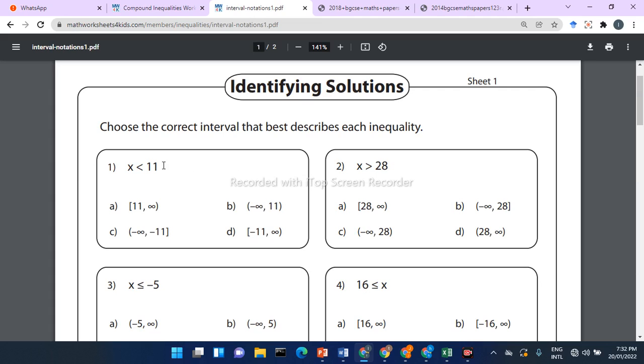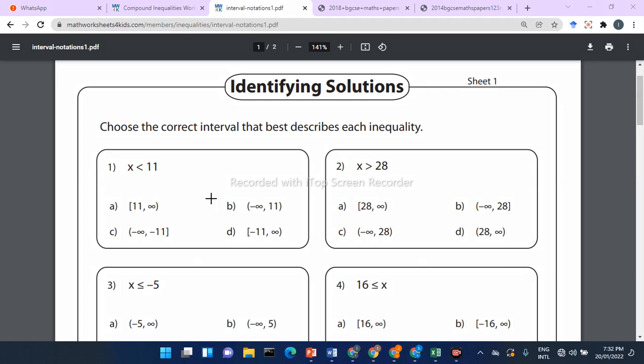Okay? So here we have the inequality, and we read this in a specific way. How do we read it? Well, we read it as x is less than, so that's strictly less than 11.